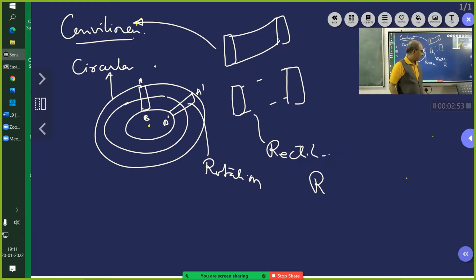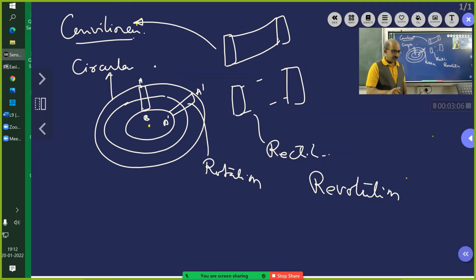It started at a point, came back to this, and at the same time, it is also rotating about its axis. Then we use the word revolution. So Earth is revolving around Sun, and Moon is revolving around Earth. So that is how the difference is.